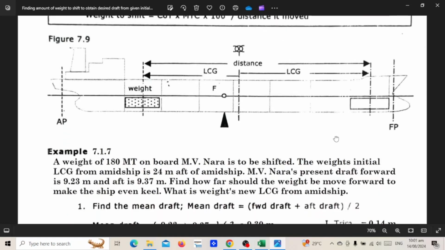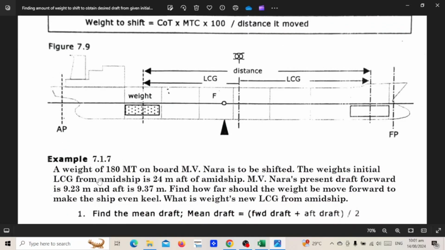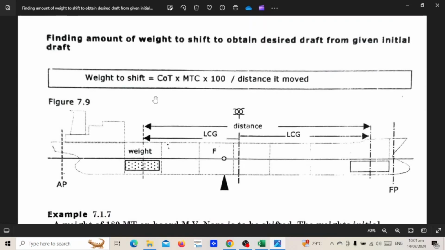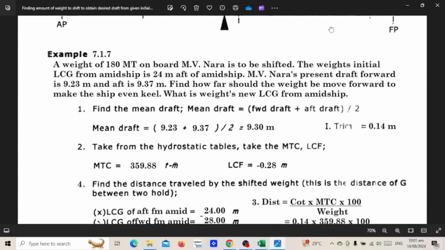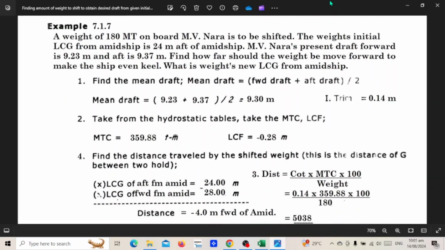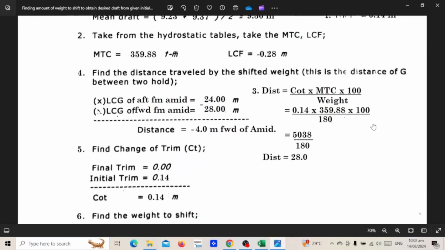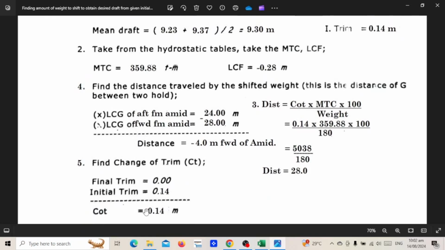Yes, we have the weight, which is 180. Okay, so let's check. Do we have change of trim? I think yes, we have change of trim.